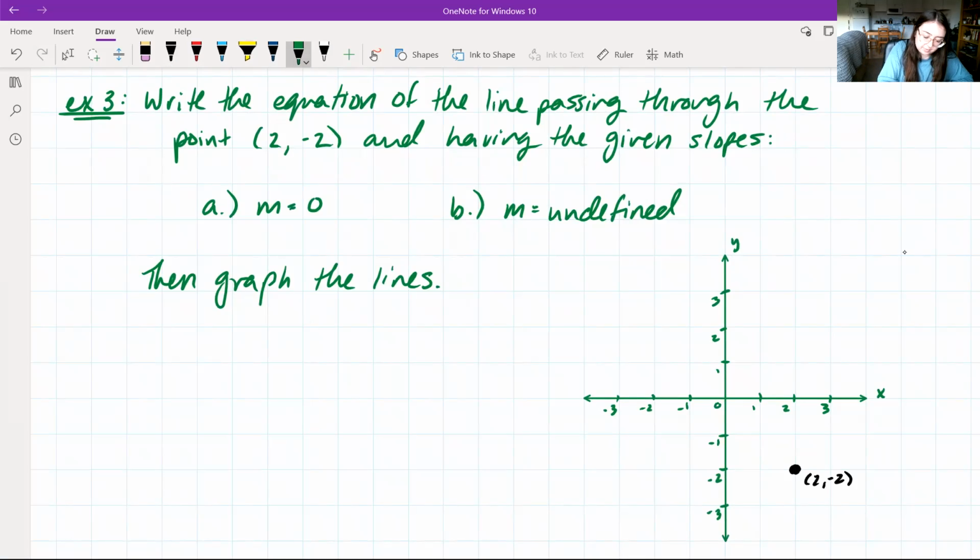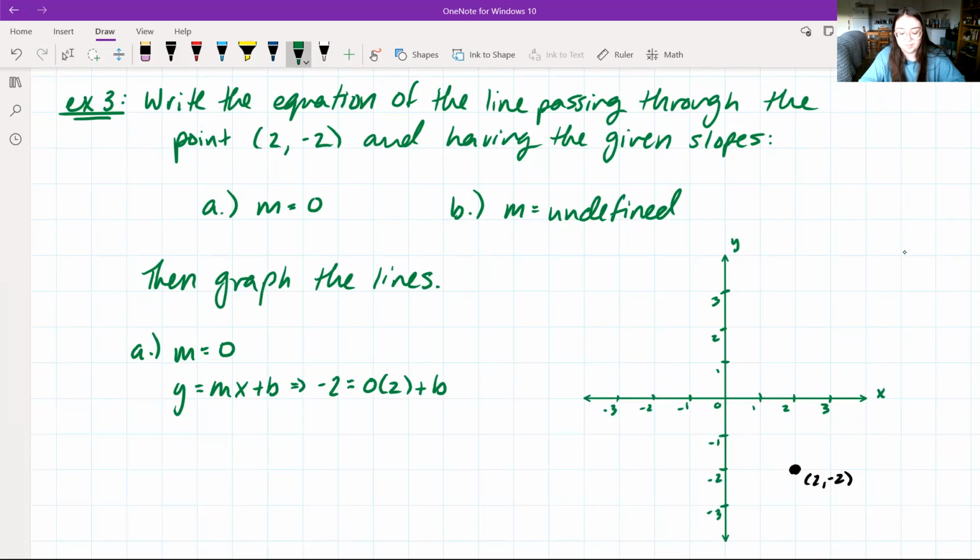And now for part A, we're saying that our slope is equal to 0. Well, we know what our slope is, and we have a point, so we need to find b. So using our equation, which was y is equal to mx plus b, we can now write this instead as -2 is equal to 0 times 2 plus b.